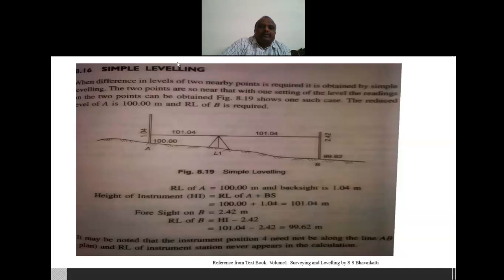Without changing the instrument station, we can find out the respective stations' RLs, that is the elevation of a point with respect to the datum line. This type of simple leveling we can use in building construction, to set out or to check the plinth height and floor height. Different points of elevations can be used in this type of leveling.